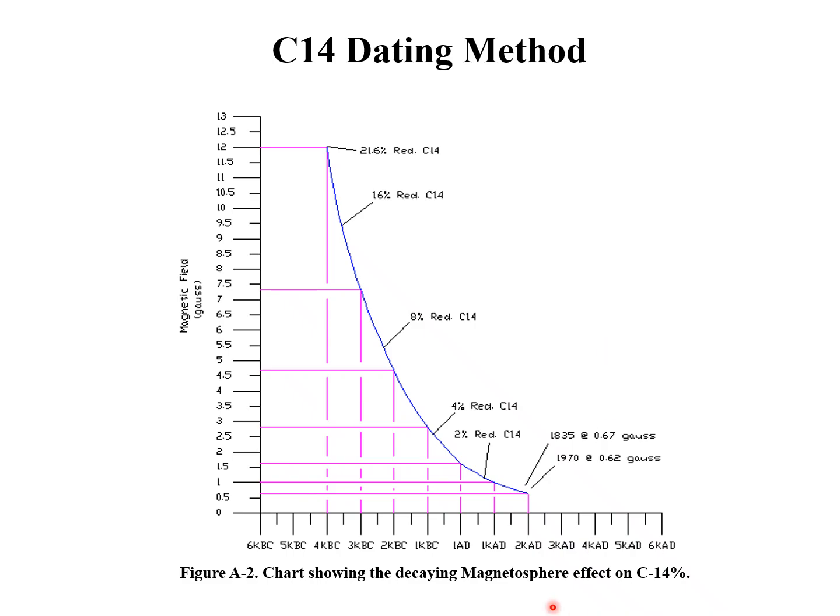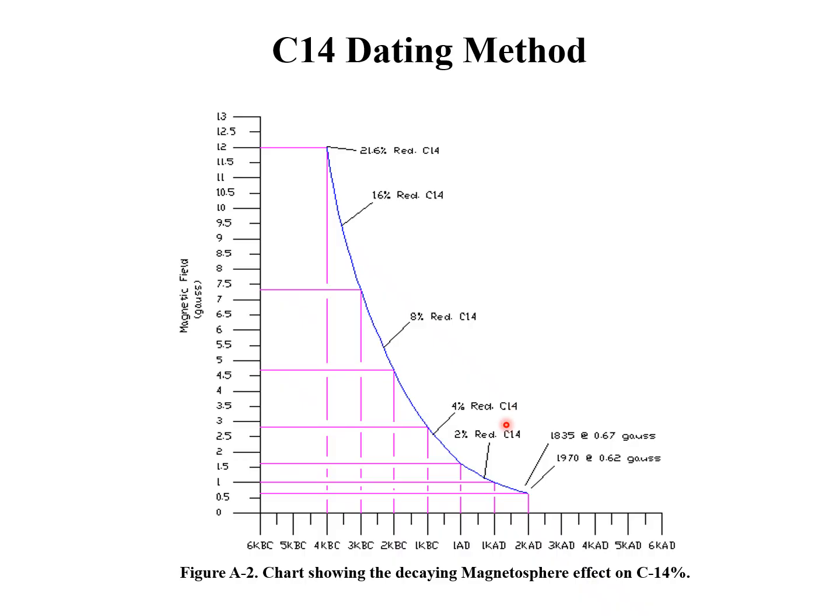Here's a chart showing the decay of the magnetosphere effect in carbon-14 dating. This is from Dr. Humphreys, and he's saying that in 1970 the field is 0.62 Gauss. Then the effect of the strength would reduce the carbon-14 ratios by 2%.